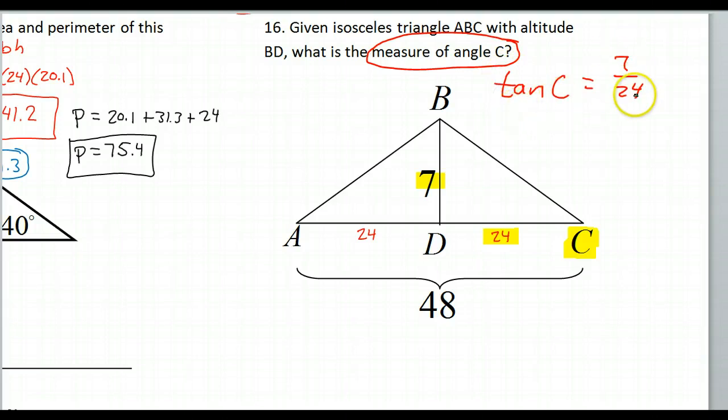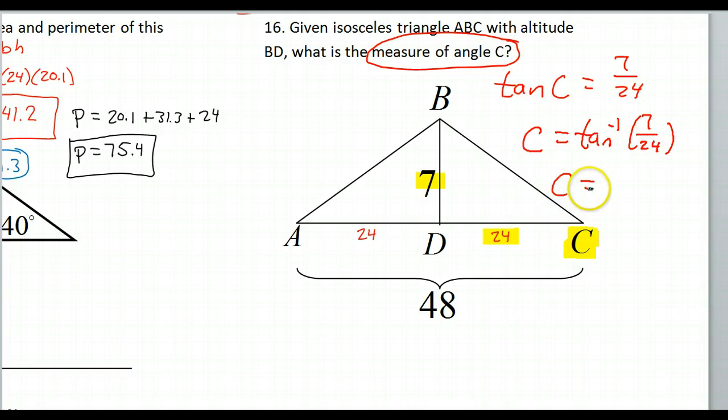So tangent of C is equal to 7 over 24, which means that C is going to equal the inverse tangent of 7 over 24. Calculator. And that is 16.3 degrees. And that's all we needed for number 16. That is it for this assignment.